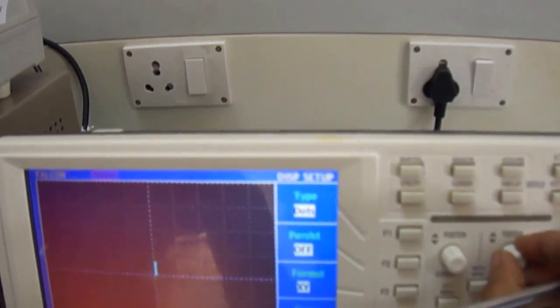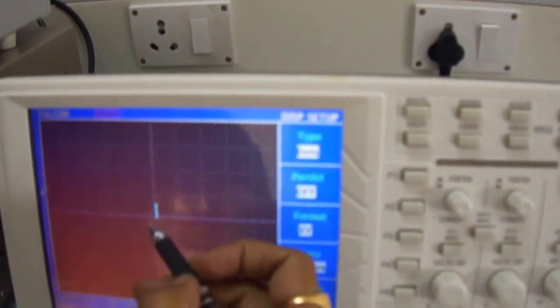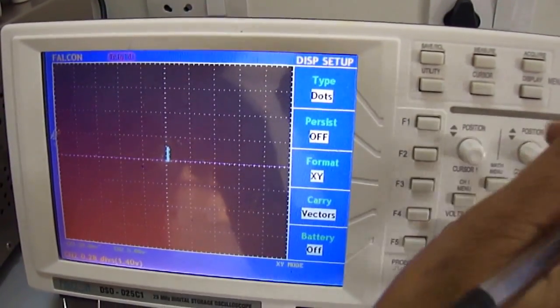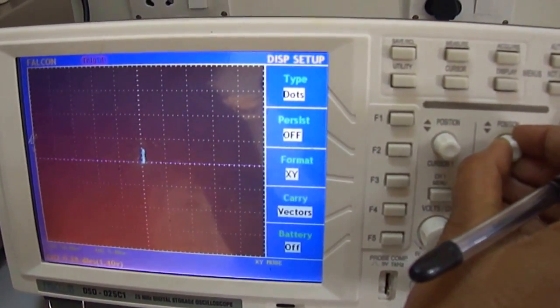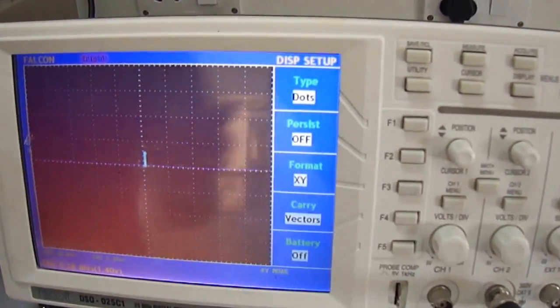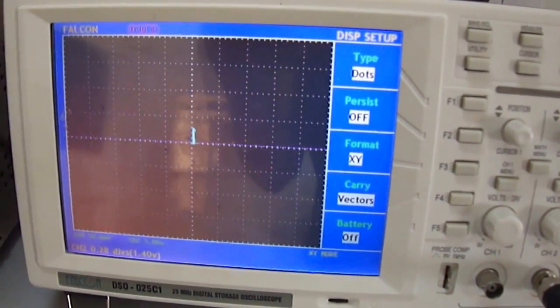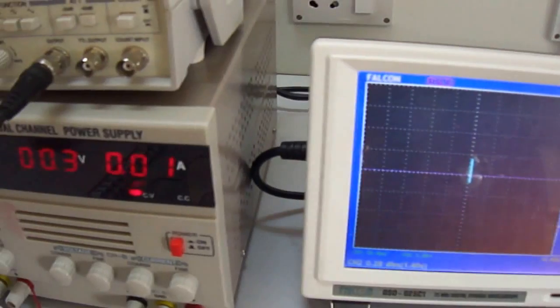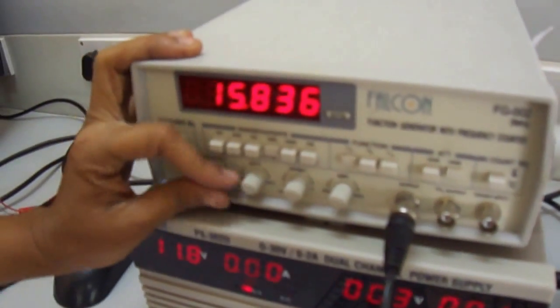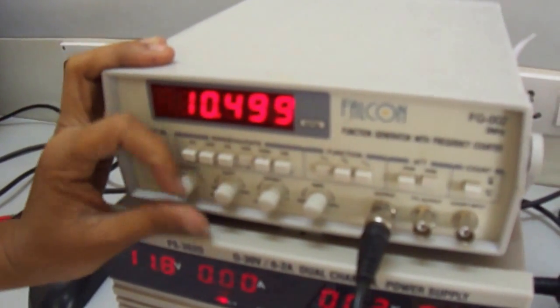At 2 kilohertz, we are getting 3 volts. Next is 3. Go for the next one and adjust 3 kilohertz.